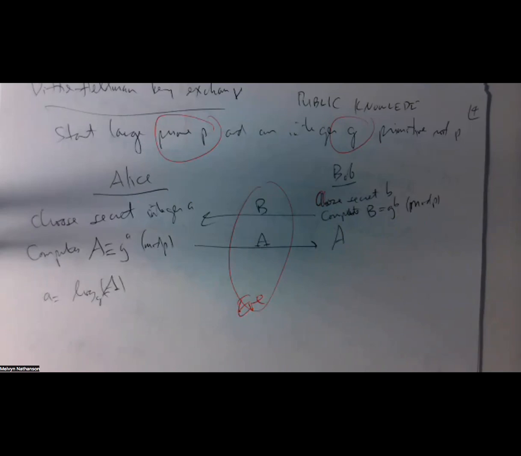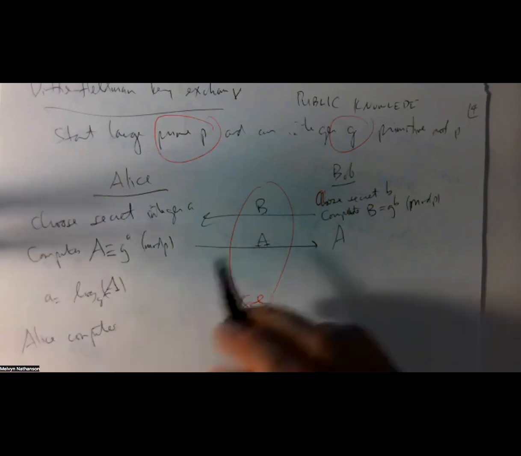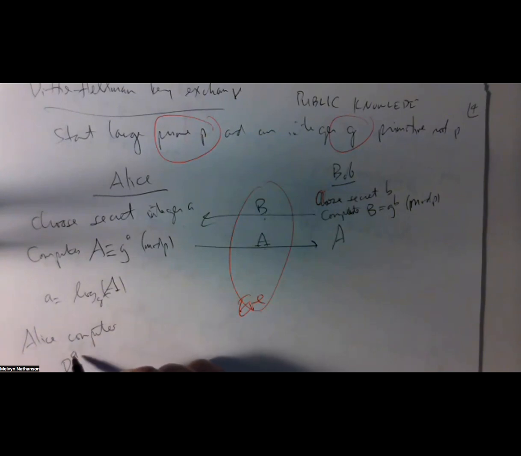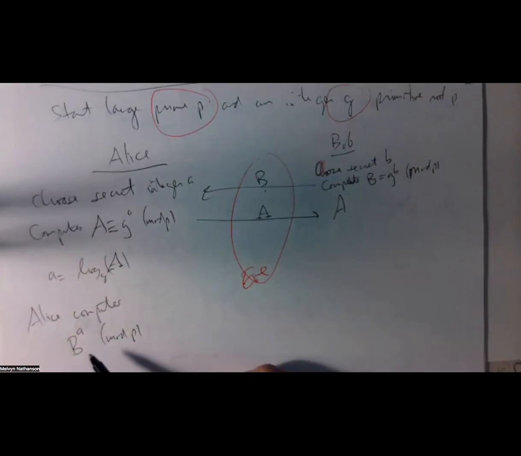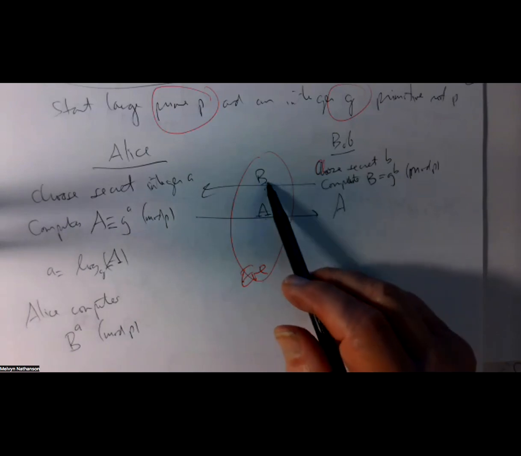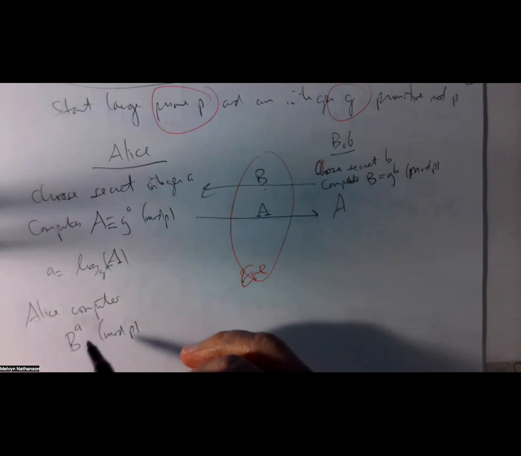Now, how do they get a key? Alice computes, she got the number B from Bob. She takes B to the power a. Alice knows little a. No one else does. But she can take this number, capital B, raise it to the power a mod P, and she gets some number.